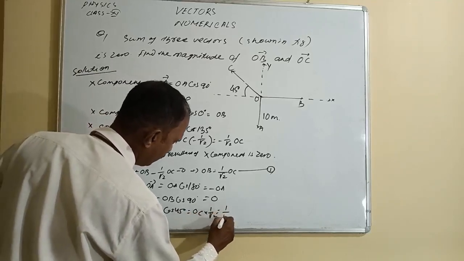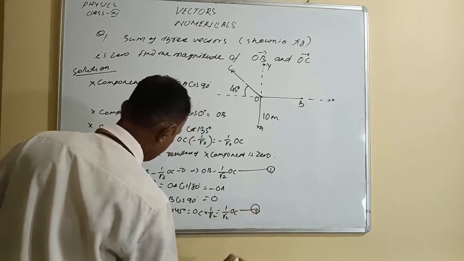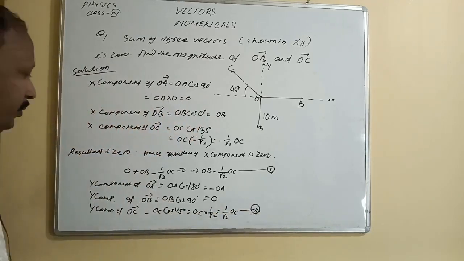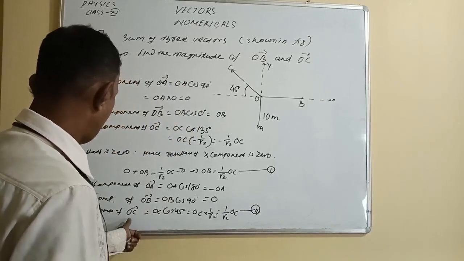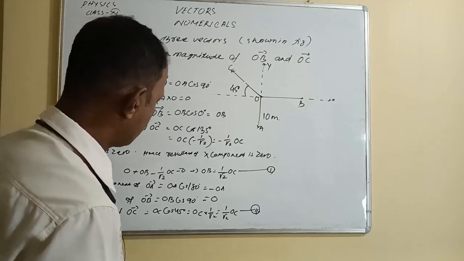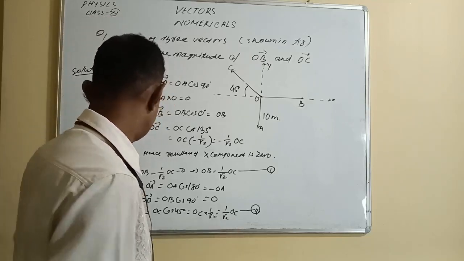That means 1 by root 2 OC. This is the second equation. Okay. So the y component of OC, we got 1 by root 2 OC.